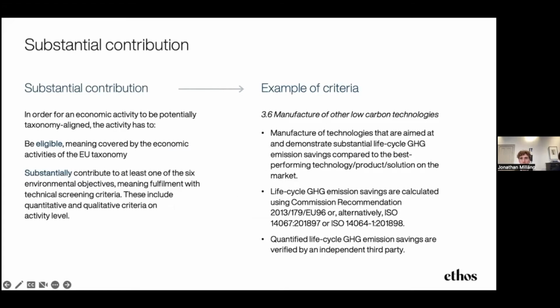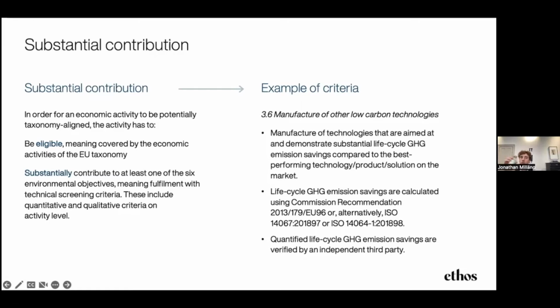So, as I was saying before, the company needs to have a substantial contribution to the environmental objectives set up. This means that previously you set up what economic activities are eligible, meaning what sectors your company is focused on.